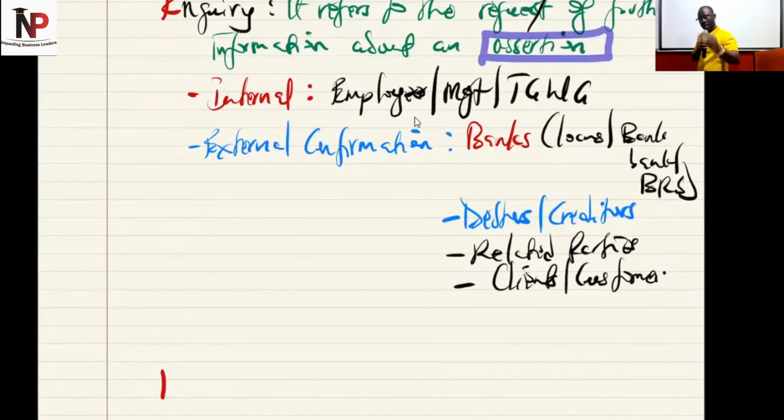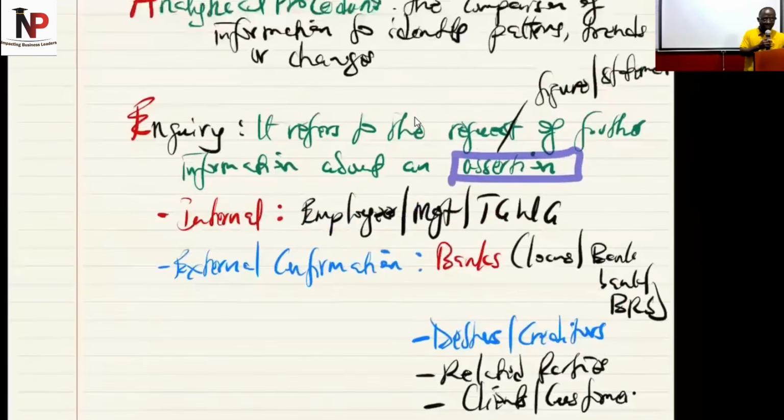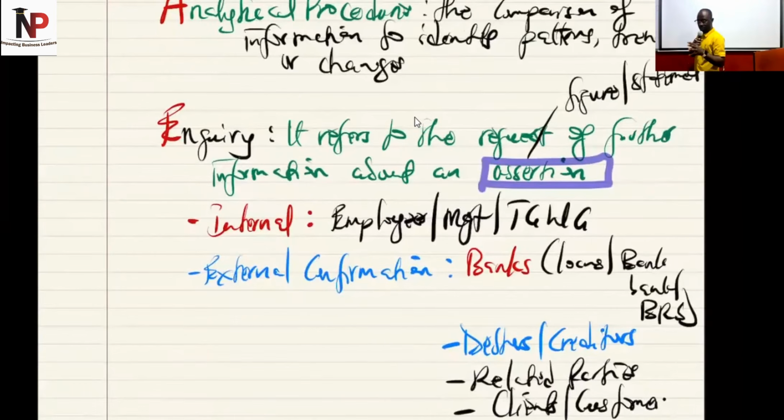And remember, external confirmation is weightier than what management tells us internally. That is one of the qualities of audit evidence, and we'll look at that later in our discussion. But that is the second thing, inquiry. So you compare data to check pattern, trend, and changes, but then you also have to make inquiries, either internally or externally.